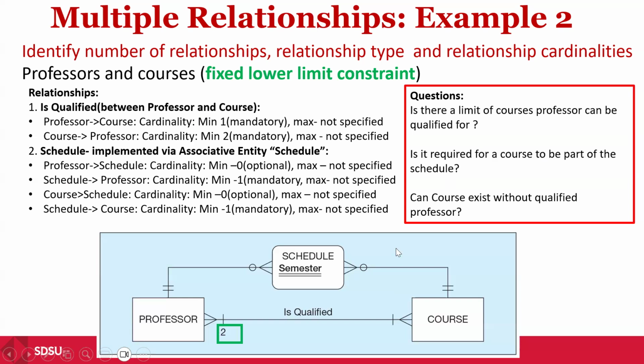No, the schedule is optional for both professor and the course. Now, can a course exist without a qualified professor? No, because a course requires at least two professors to teach it. So the answer to this question is no.